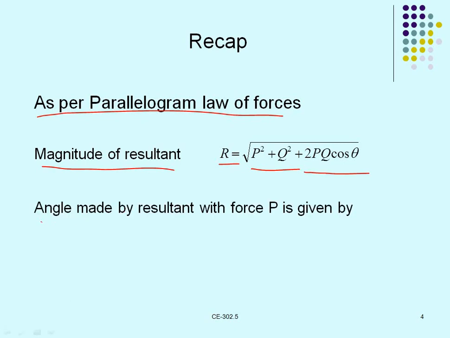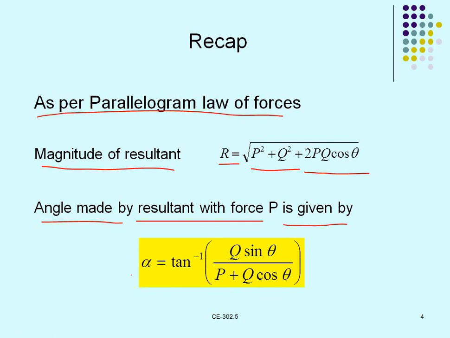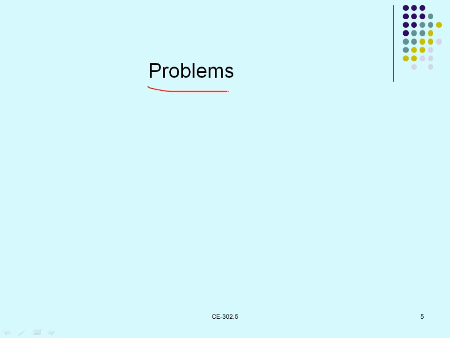The angle made by the resultant with force P is given by alpha is equal to tan inverse of Q sin theta by P plus Q cos theta. So let us see now some example problems.